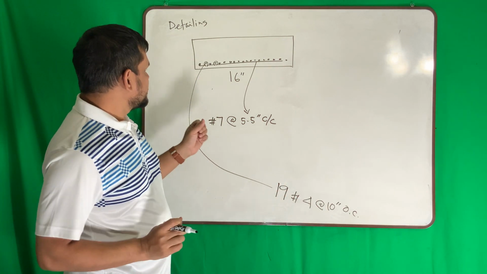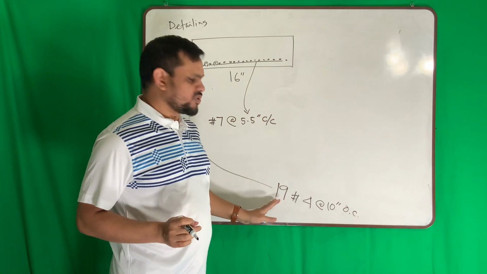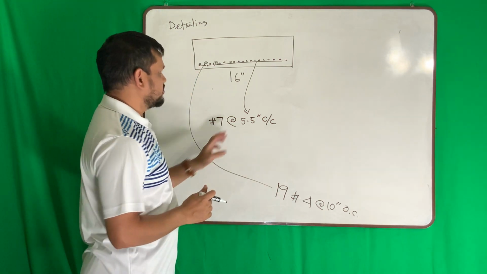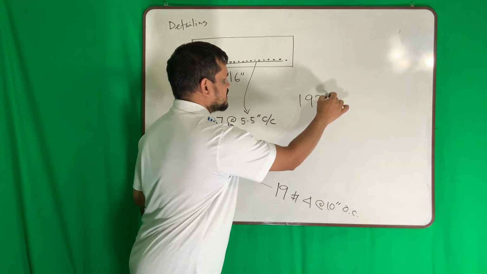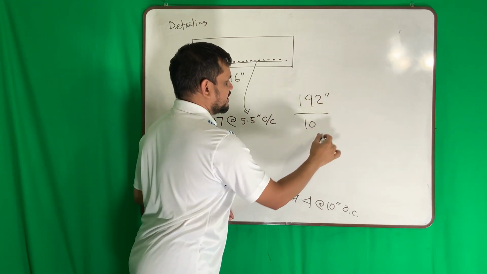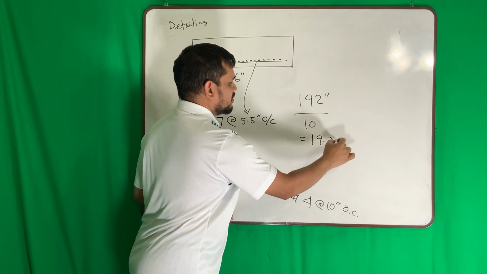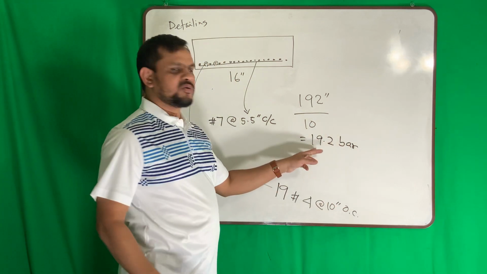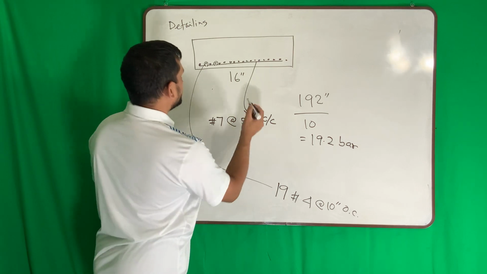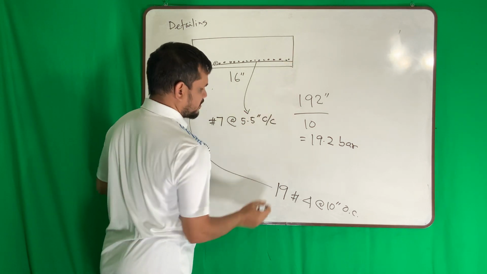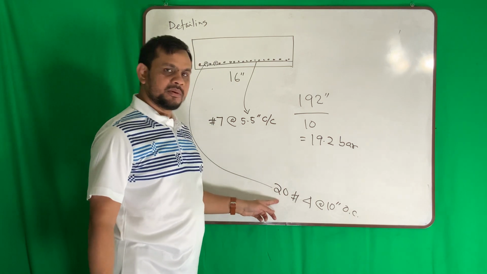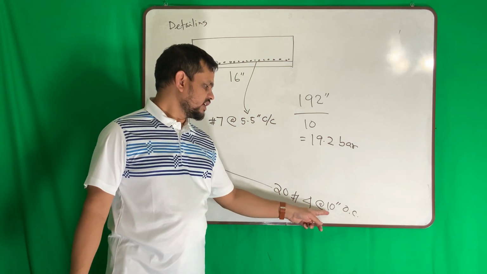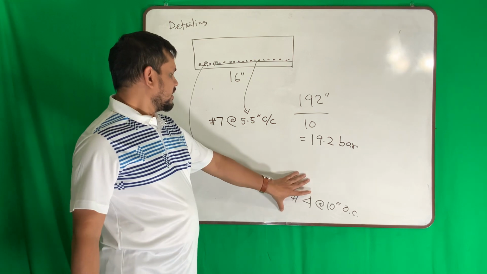And actually 20 bar is good enough. 20 bar is better because it is 192 inch. Every 10 inch I am giving 1. So 19.2 bar. I cannot provide less. I can provide more. Okay, provide one more. 20 bar, number 4 at the rate of 10 center to center.